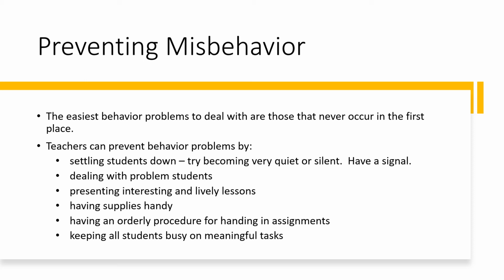If they start to talk in class, try becoming very quiet or silent. It's amazing how students will settle down when the teacher stops talking. I have seen teachers scream above the noise, but that just makes the noise level rise. You could also try having a signal to quieten students down. Flashing the lights works well, for example.